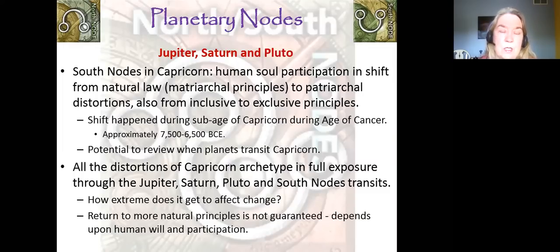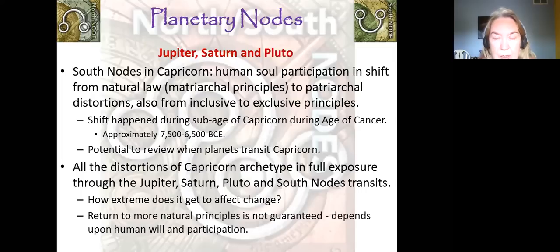Or another way of saying this, where we shifted from inclusive to exclusive principles of understanding. And in EA, there is the understanding that this shift happened during the sub-age of Capricorn, during the age of Cancer, which is approximately 7,500 to 6,500 BC.